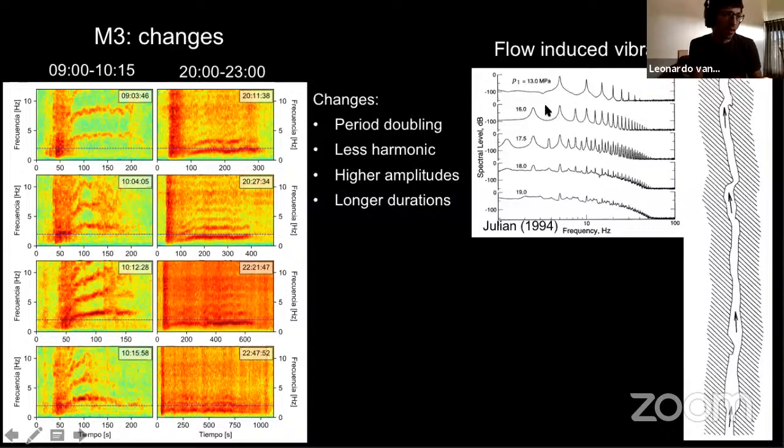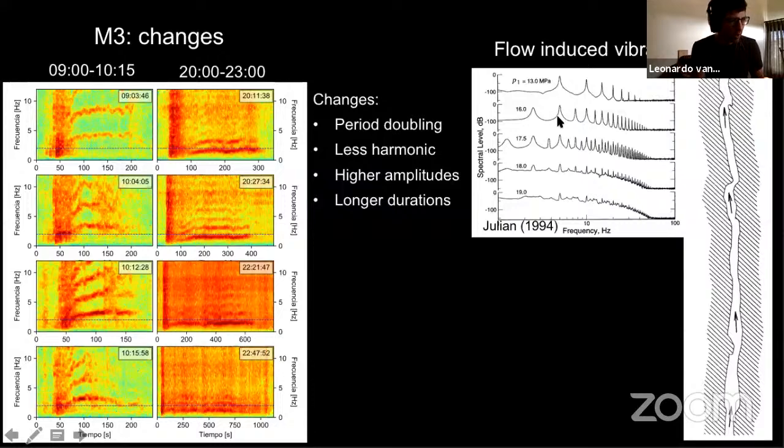And the interesting thing about this model is that when we increase the pressure of this flow, the frequency will go down, or the period of oscillation will double by a factor of 2, obviously.